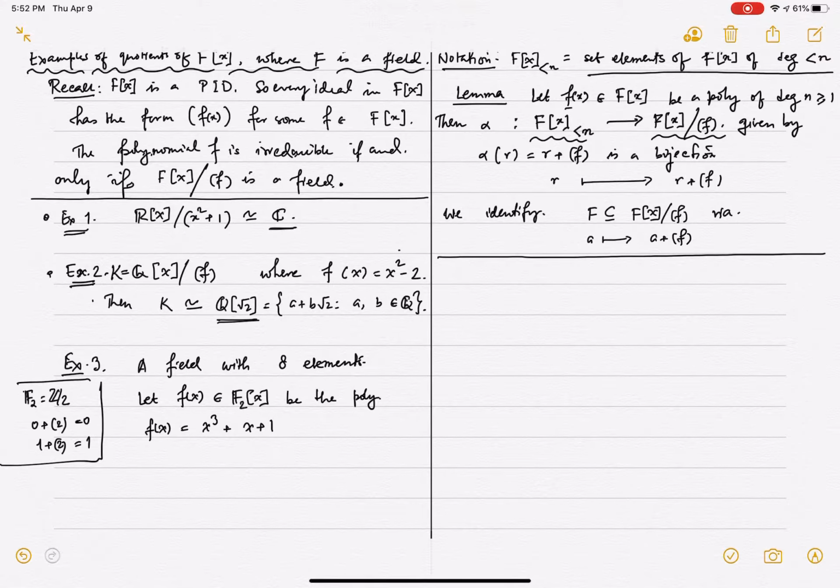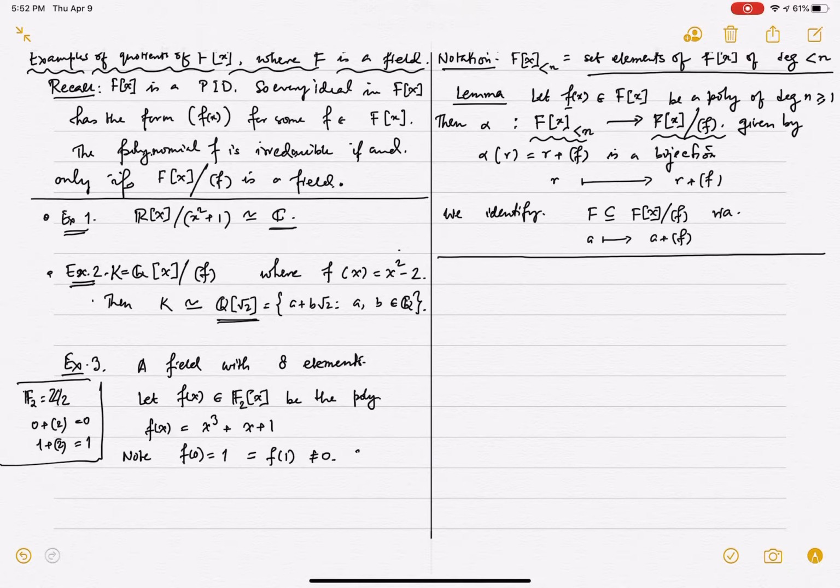Now first claim that this is irreducible. Note f of 0 is 0 plus 0 plus 1, which is 1, and f of 1 is 1 plus 1 plus 1, which is 3, which is also 1 in Z mod 2. So both these are non-zero.